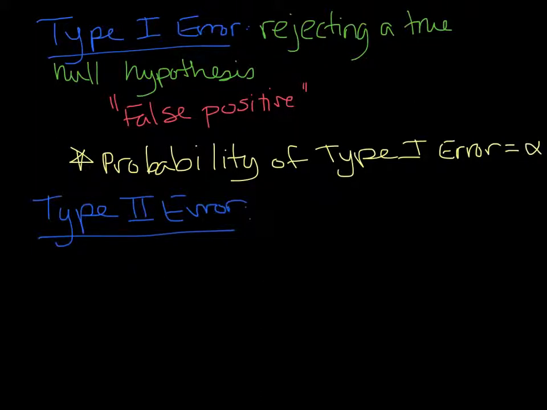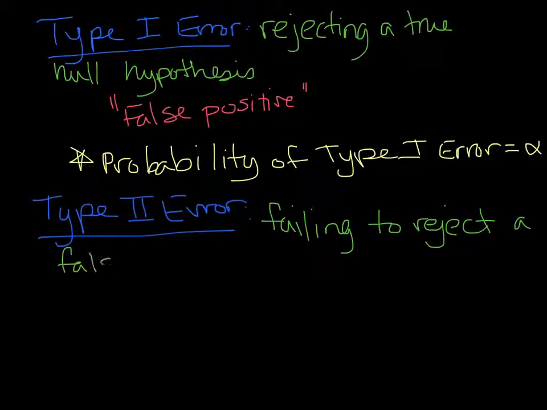So our second thing that can go wrong would be if we end up failing to reject a false null hypothesis. And this would be what we call a false negative.